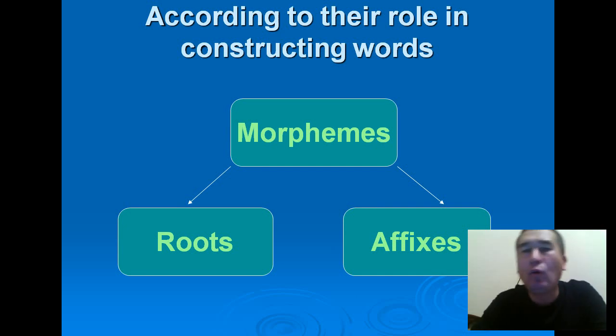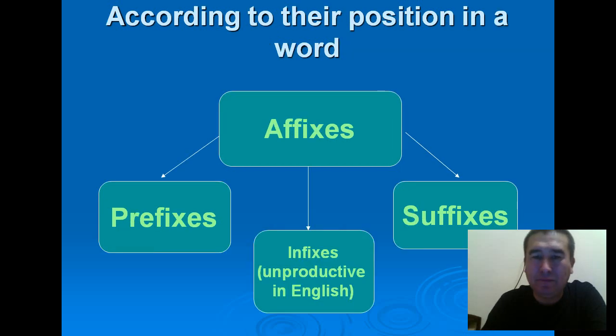According to their role in constructing words, morphemes can be root morphemes and affix morphemes. So these are types of morphemes, according to how they form words.